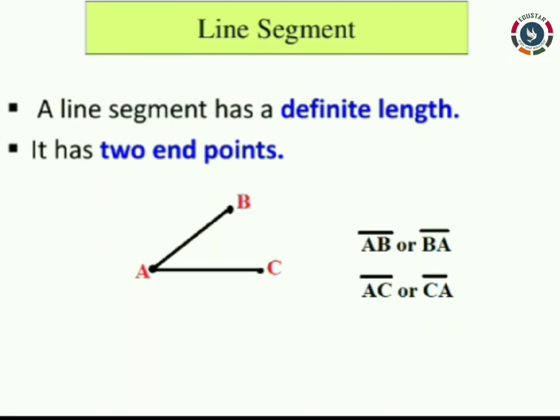Like that, AC. If you write AC, A is my starting point, C is the ending point. Or CA. C is your starting point, A is your ending point. So, a line segment has 2 endpoints. We can define the length of the line segment.